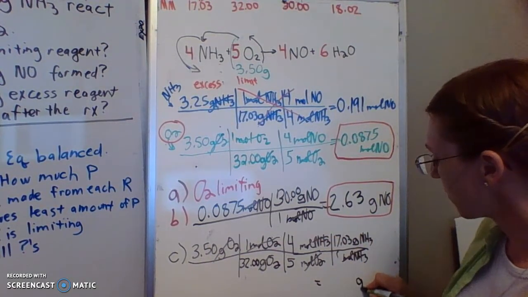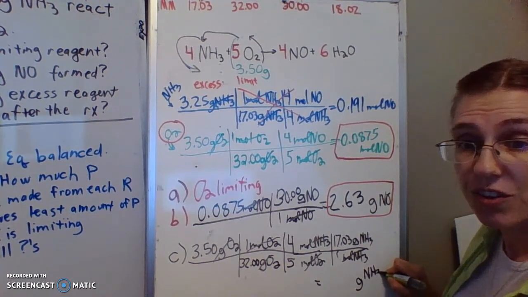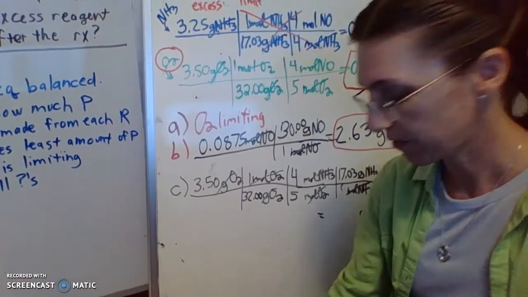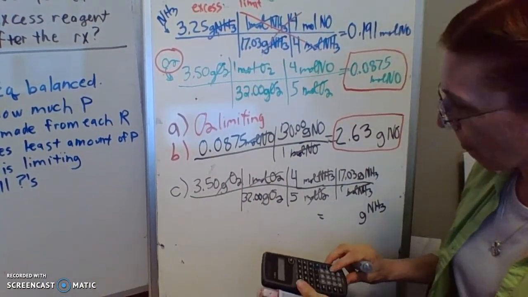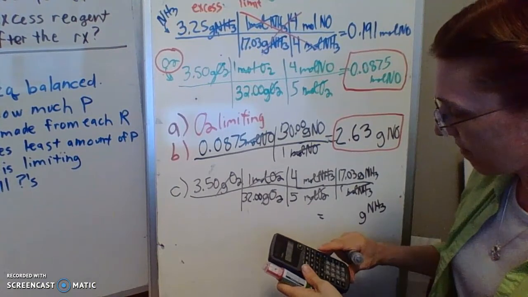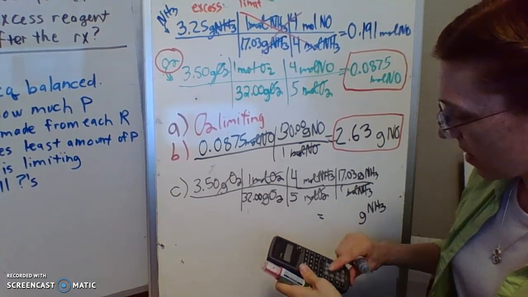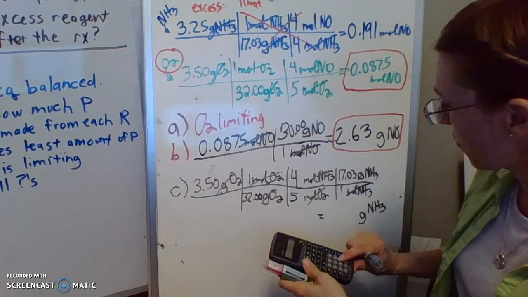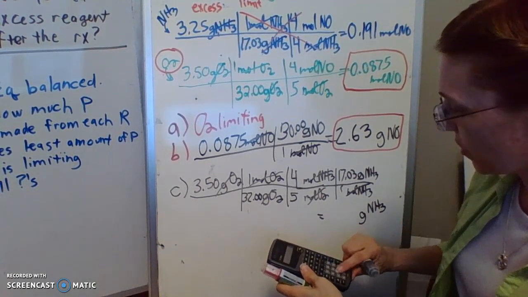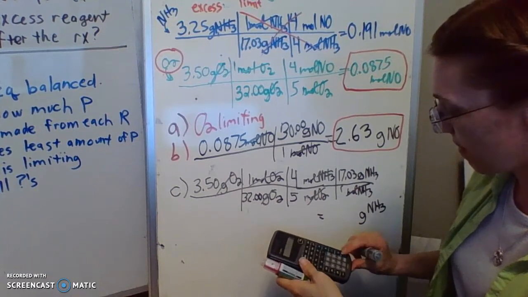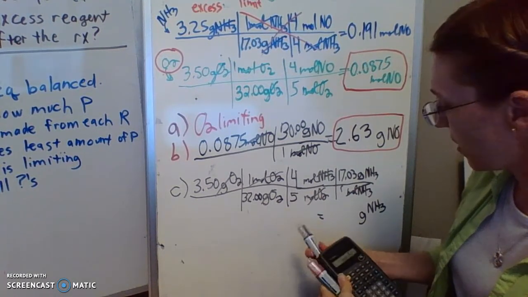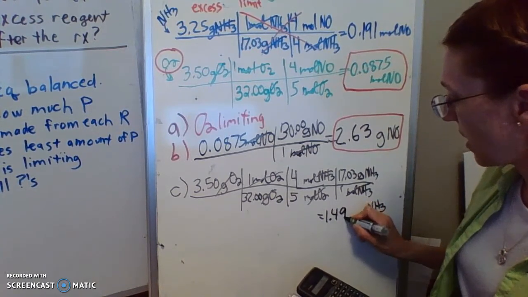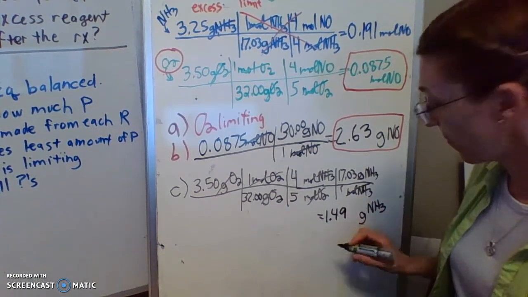We end up with grams of NH3. Let's go ahead and do that calculation. 3.5 times 4 times 17.03 divided by 32 divided by 5, and we end up with 1.49 grams of ammonia.